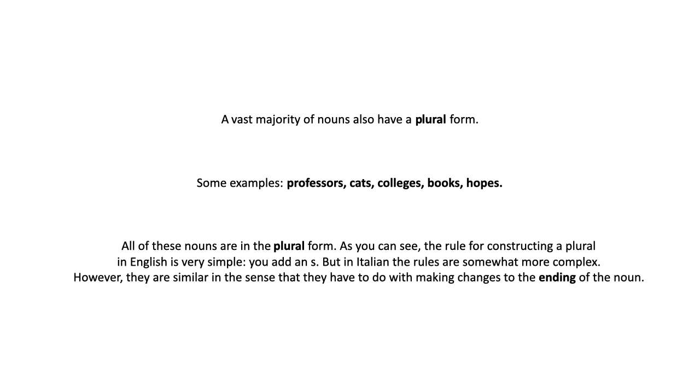And as you can see from these examples, there is a rule for constructing the plural forms of nouns in English, and it's quite simple. You just add an S, right? The singular professor, the plural professors. The singular cat, the plural cats. And so on and so forth. By simply adding an S to the ending of a noun, you're communicating that you're referring to more than one of those things, right?